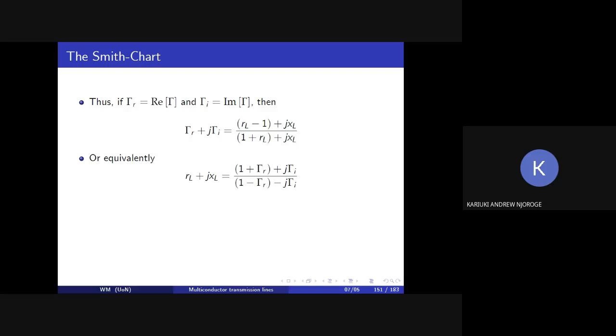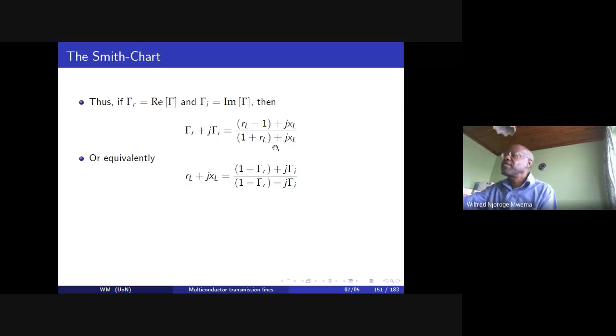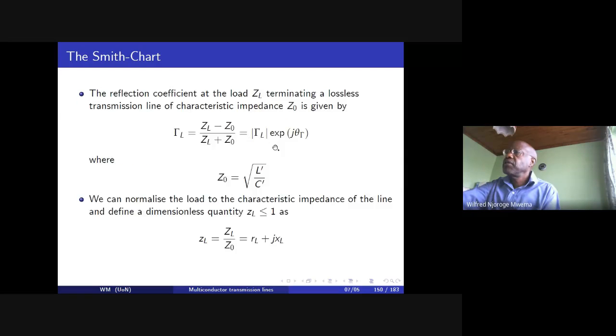Yeah, the best way to deal with it is just to use this equation here. Let me show you. Just use this equation that gamma L is equal to ZL minus Z naught over ZL plus Z naught. Then obtain ZL in terms of Z naught and gamma L. Then do the normalization and then split it into real and imaginary parts.